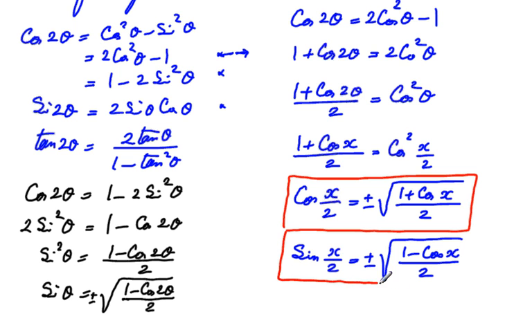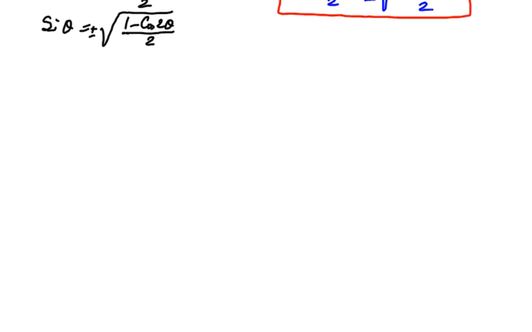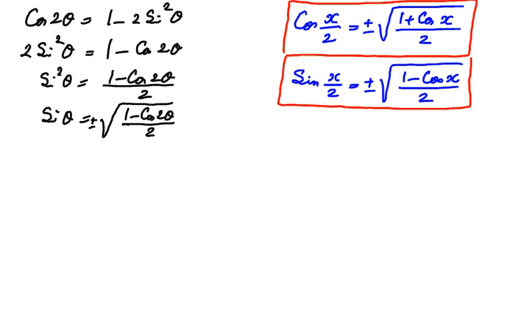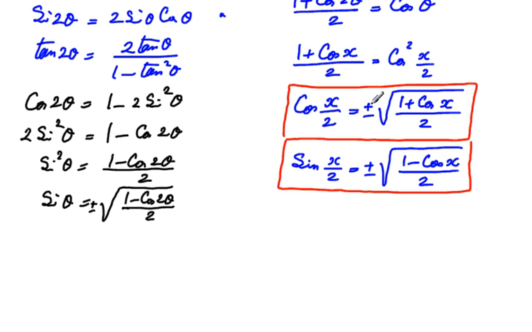Notice in both of these, we have the same function on the right hand side, cosine, so cosine is more prominent here. What else can we do? Well, before we go any further, how do we choose plus or minus? It all depends on what quadrant you happen to be in.